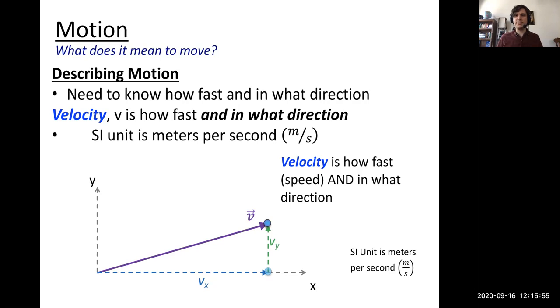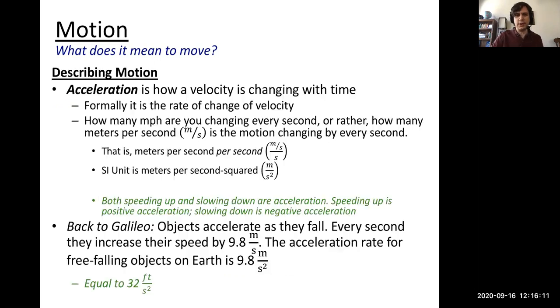Or I could say that I'm moving 5 meters per second due east, an azimuth of 90. I could say that I'm moving at 5 meters per second, an azimuth of 45 degrees. So it's a speed plus a direction, and that is what velocity is. All right. So now that we know about velocity, we can talk about acceleration.